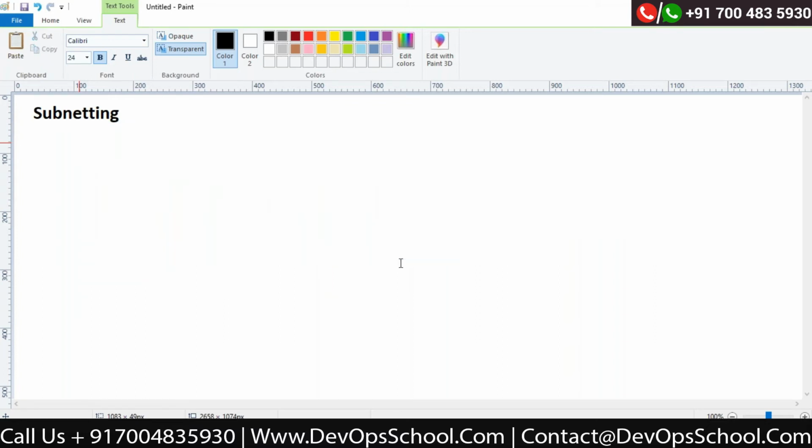That's clear. Now the third point: we know that our computer only understands the concept called binary. Whatever decimal number you are typing as an IP address, finally my computer will convert it into binary. This is the idea, correct?